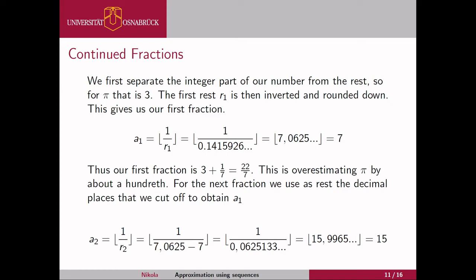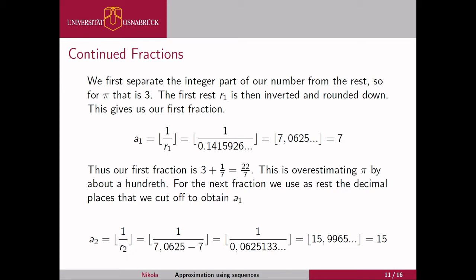So the rest of pi when we deduct 3 is about 0.1415 and so on. And if we plug this into a calculator, it gives us about 7.0625 and so on. So the floor function, this is just 7, right? So this means we get our first continued fraction.